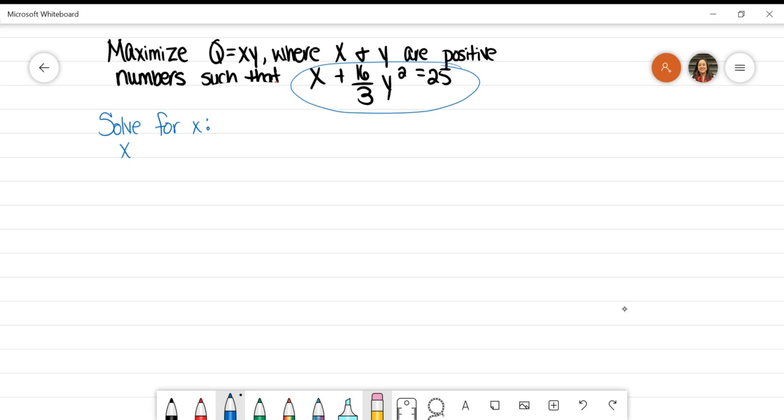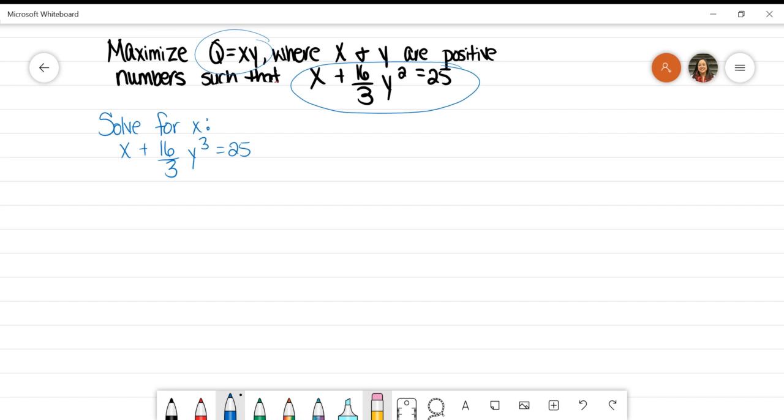I'm going to write that equation down. And think about systems of equations. If I solve this equation for x, I get an expression for x, then I can substitute that expression into my other equation, and that's going to help me out.